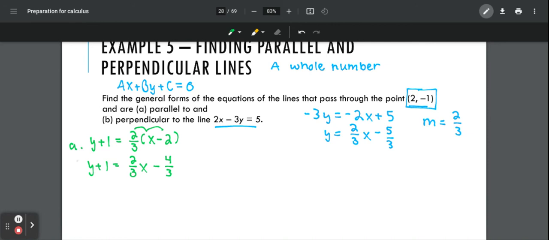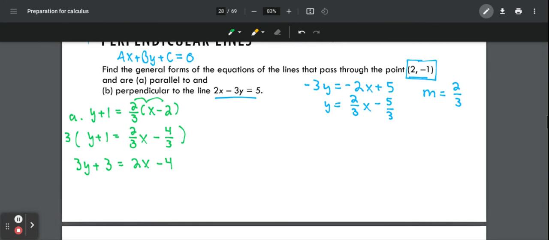So since it's 2/3, let's clear the fraction and multiply everything by 3. So we get 3y plus 3 equals 2x minus 4. If we move everything over to the left, we get negative 2x plus 3y plus 7 equals 0, but we need this a value to be positive, so you need to multiply everything by a negative, so we would get 2x minus 3y minus 7 equals 0.